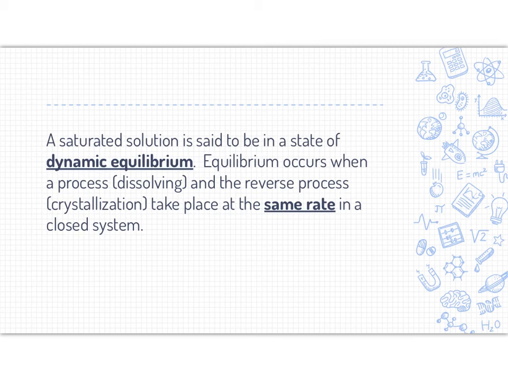So with that idea, a saturated solution is said to be in a state of dynamic equilibrium. Equilibrium occurs when a process, like dissolving, and its reverse process, like crystallizing or precipitating, take place at the same rate in a closed system, meaning that we're not allowing water to evaporate because that would change things. So like in a closed container.